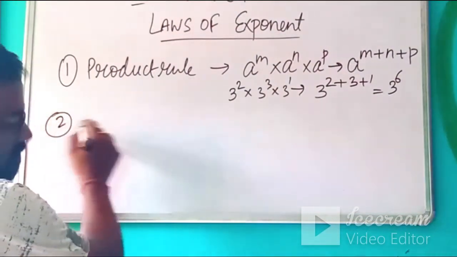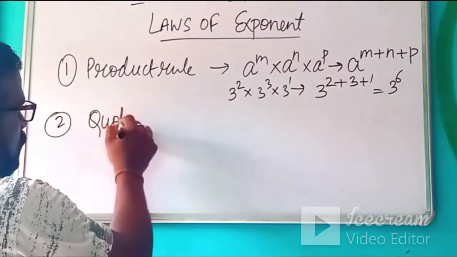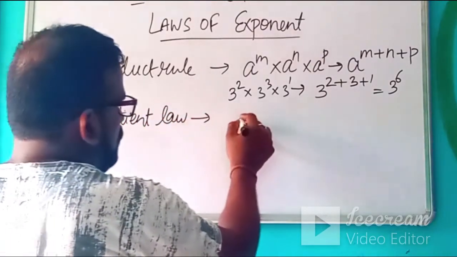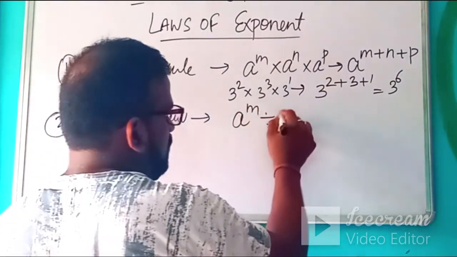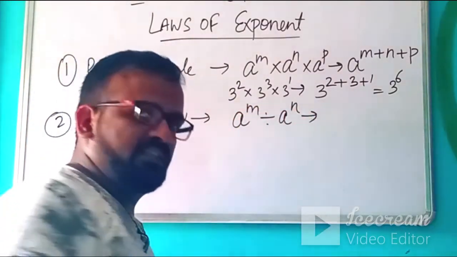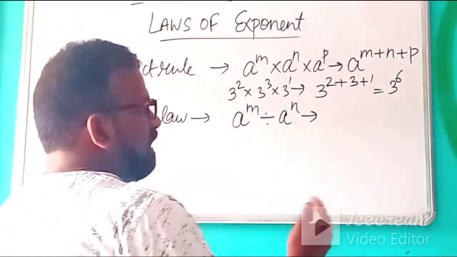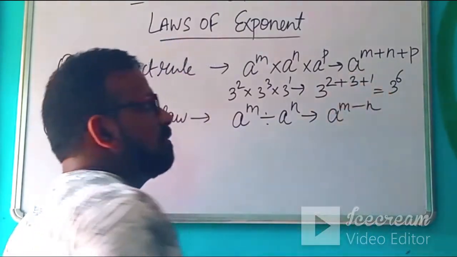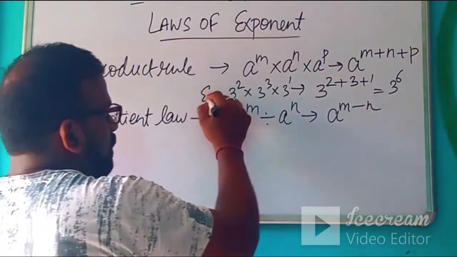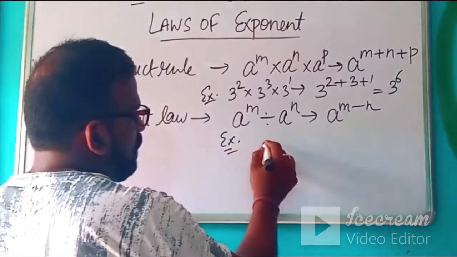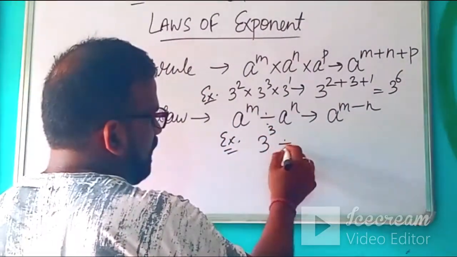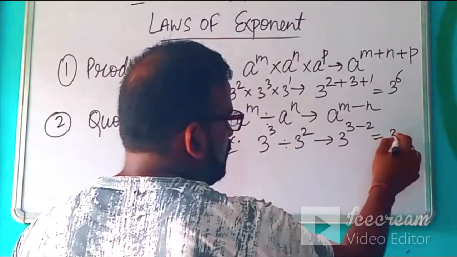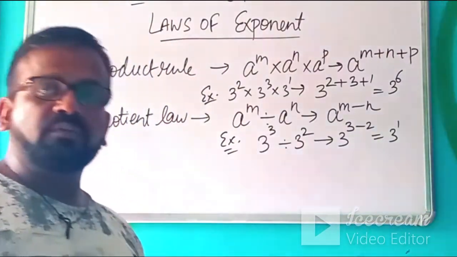Next is the quotient law, another important law. If two numbers are such that their bases are same and they are divided by each other, then we will simply subtract their powers. For example, if I write 3 to the power 3 divided by 3 to the power 2, I will simply subtract the powers and I will get 3 to the power 1.